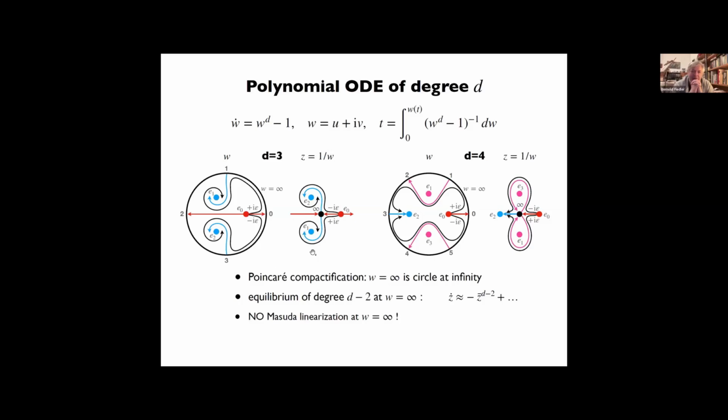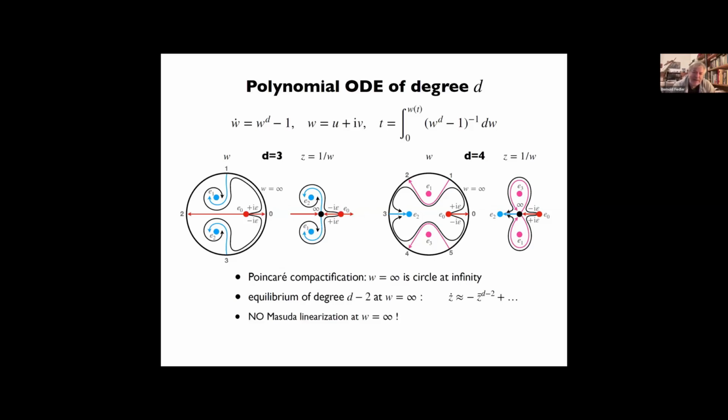Pictures 2 and 4 show a view with infinity in the center. And the blow-up orbits are indicated in red, so the orbits which go to infinity in finite time. And blue are blow down orbits. They come from infinity and return to equilibria.